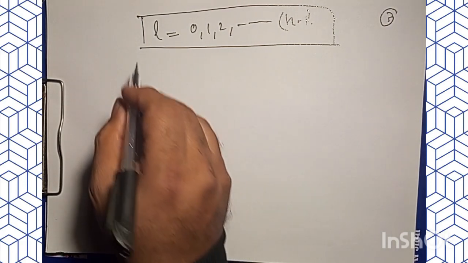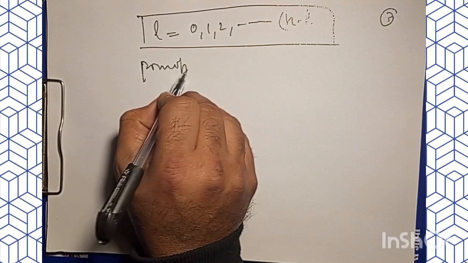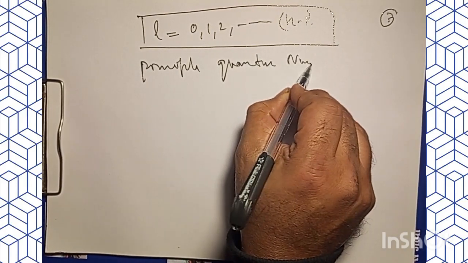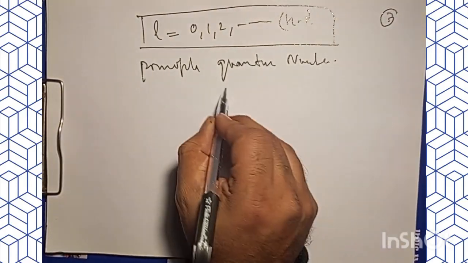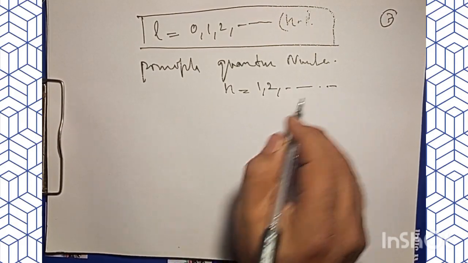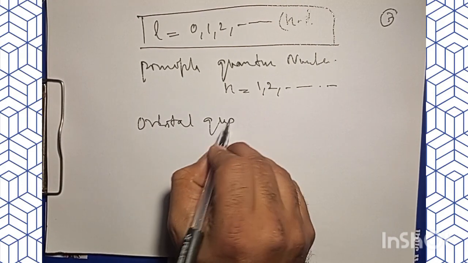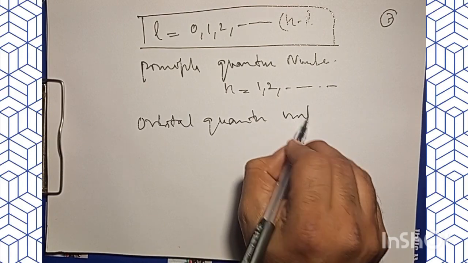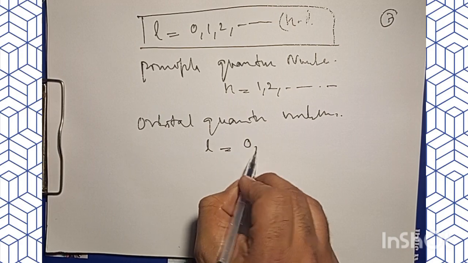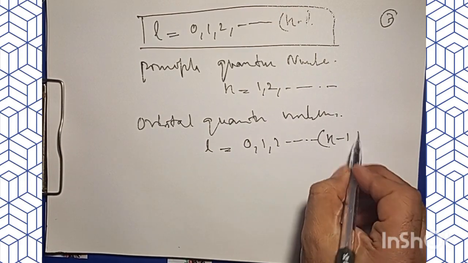The first one is the principal quantum number, n, and this n can have the values 1, 2, 3, and so on and so forth. Then we have the orbital quantum number, symbolized as l, which is 0, 1, 2, and so on, but it is restricted to n minus 1.